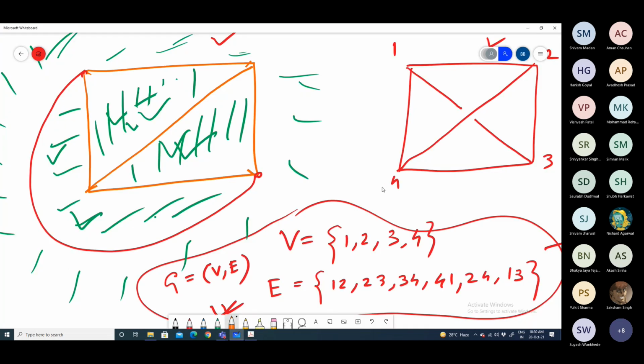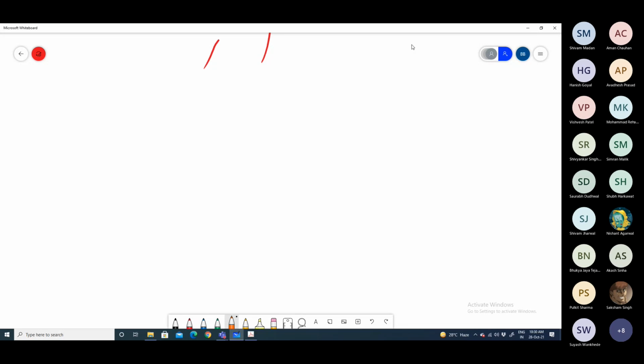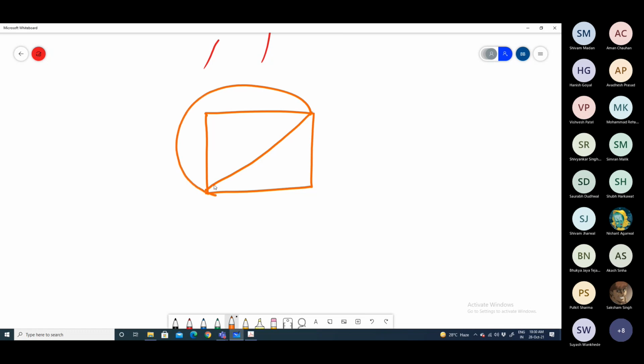For an example, I can show you what we actually count. Say these are your edges E1, E2, E3, E4, E5, E6, and say these are your faces F1, F2, F3, and F4.